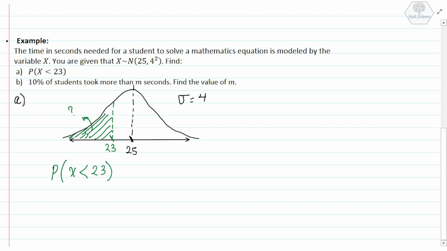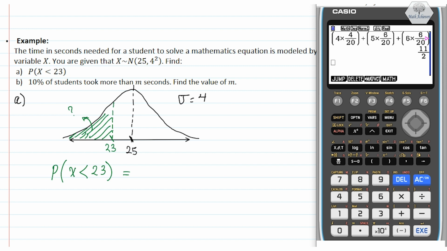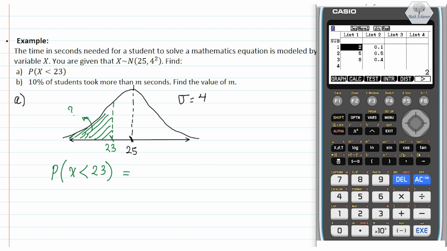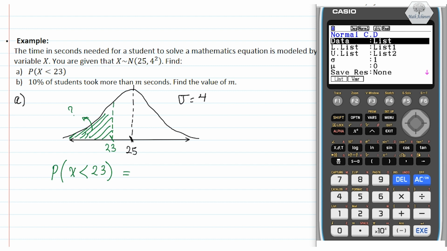To find the probability that x is less than 23, I need to use my graphical display calculator. I go to menu, statistics, and dist, which means distribution. I go to norm, and I go to NCD, to find an unknown probability. I press var because it's a variable.